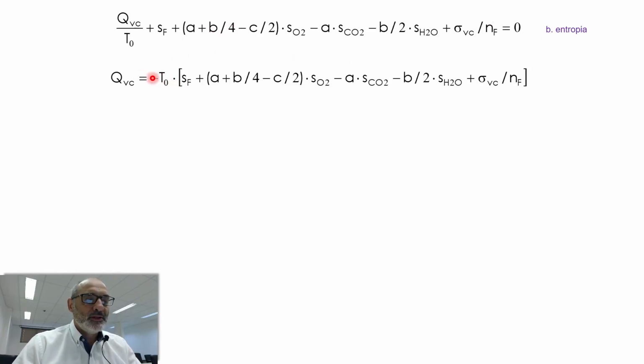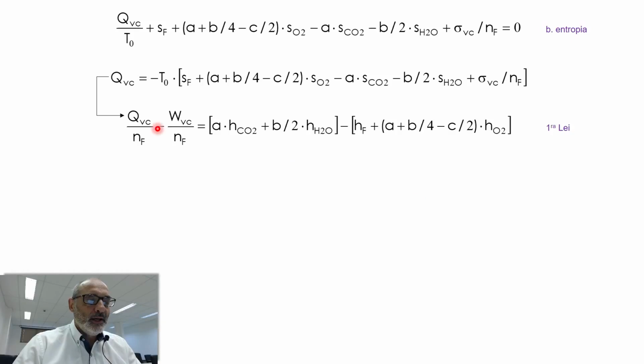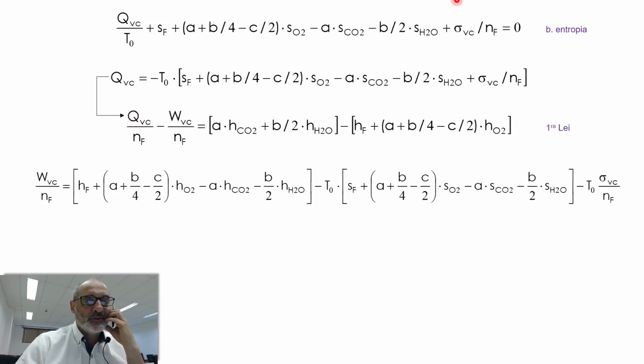I'm just multiplying everything by T0, and I replace this heat from the entropy balance into the first law's expression. So I'm replacing this expression here, and I get this result.